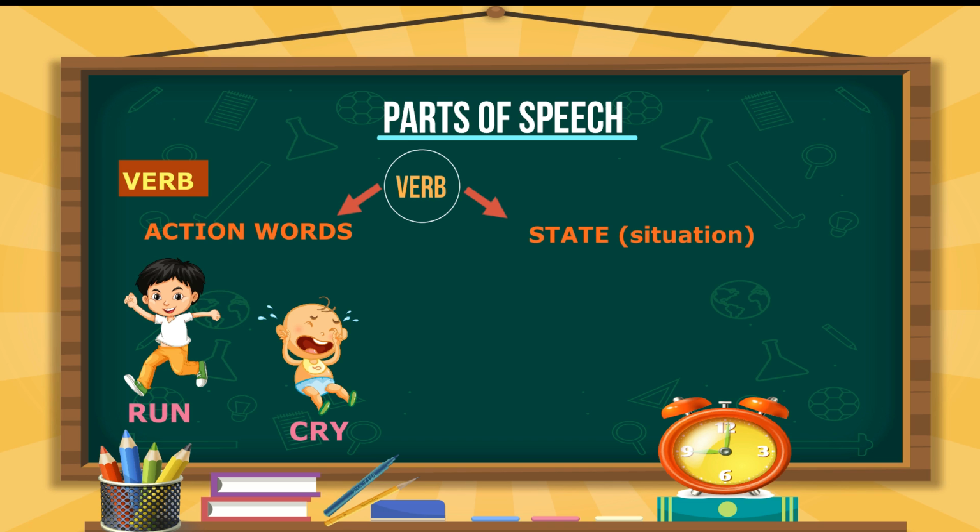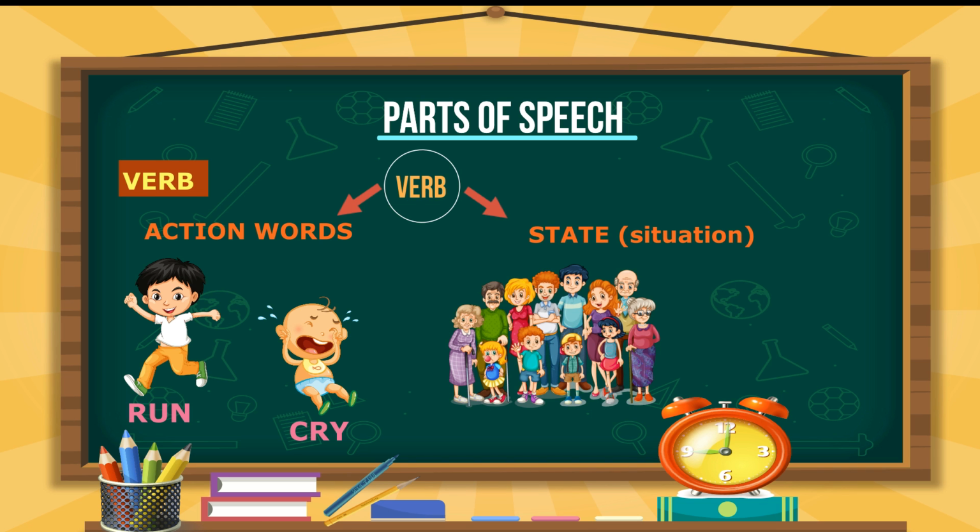But a state verb is a verb that expresses a situation. For example, I have a large family. Here, I am using the state verb have. That means I am not talking about any physical action. I am just telling you about a situation. In this case, about my family.